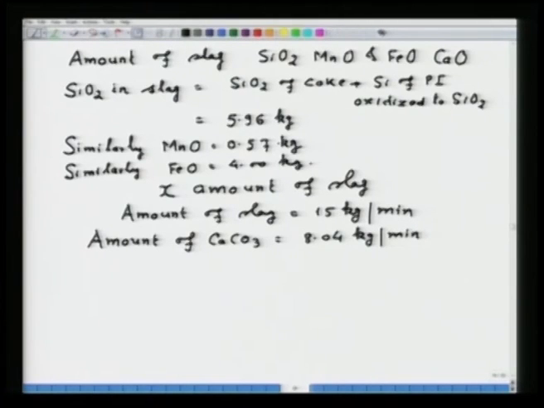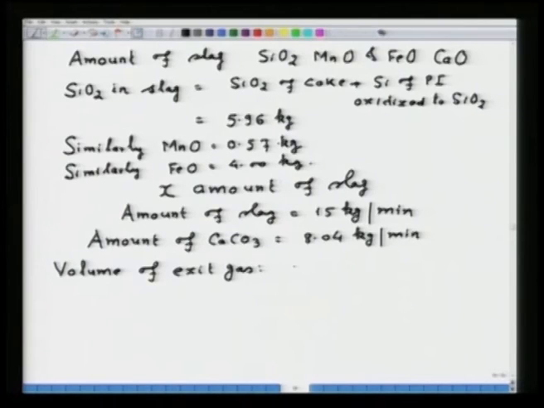Now, we are also not given the volume of exit gas, so we have to calculate the volume of exit gas now. We adopt the same procedure as we adopted in the earlier problem.